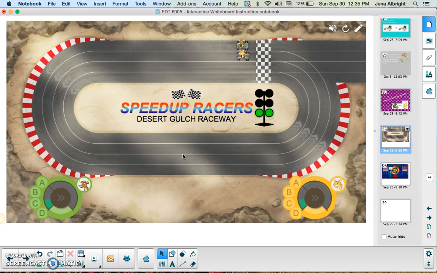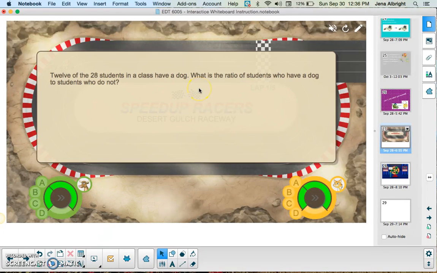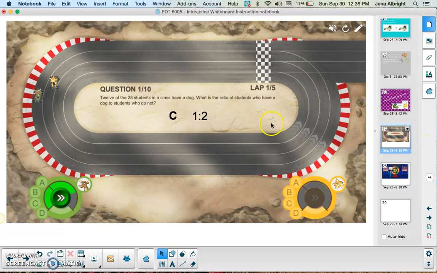Now these are multiple choice problems, and they are also true and false problems. If they get them correct, they move at a faster pace around the track. If they get them incorrect, they are pushed back. As we can see here.